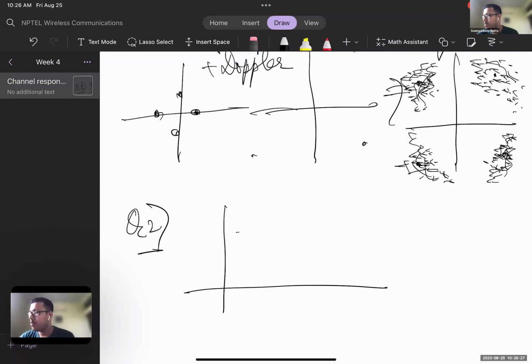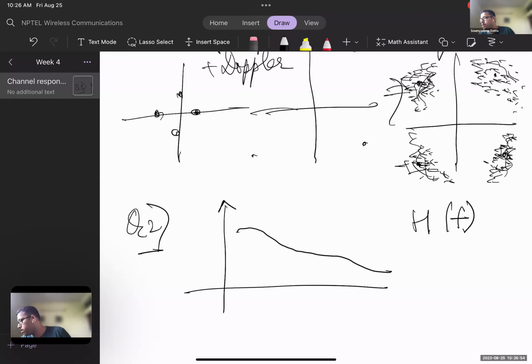This is, let's say, amplitude. So you have a channel which I'm denoting by H, and this is a complex channel. In the frequency domain, it has a certain impulse response, right? So you are denoting it as H of n. So this is the impulse response of the channel.